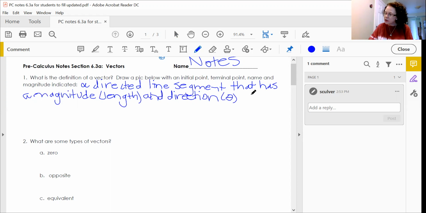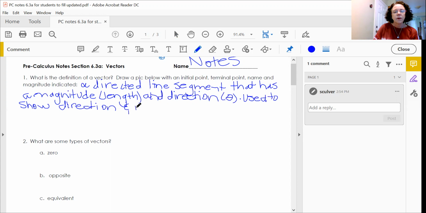And it's used to show the direction and magnitude of a force, such as velocity.